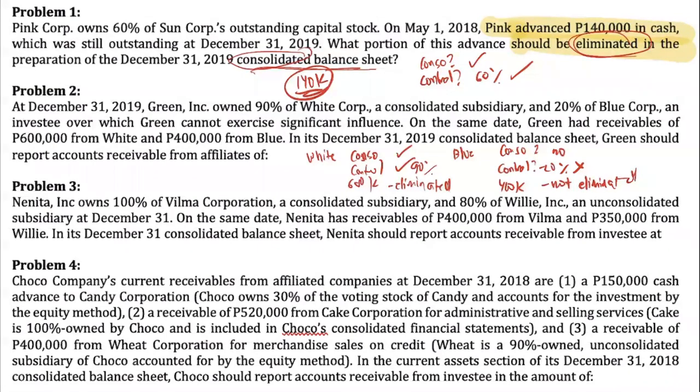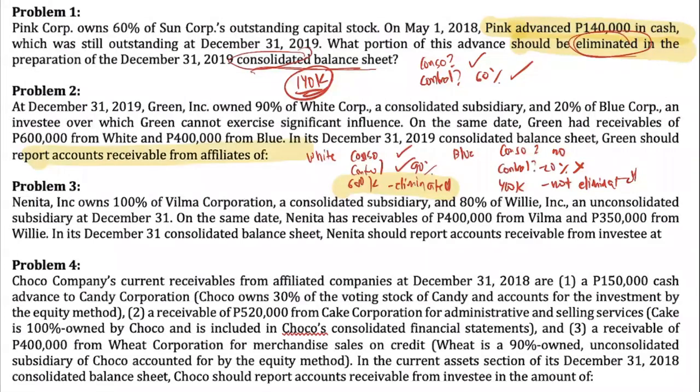Okay? So, ang kailangan nyo lang tignan sa intercompany accounts, do we have control? Next, do we prepare consolidation? So, sabi natin, kay White, may consolidation, may control, therefore, eliminated. So, the question is, in its December 31 consolidated balance sheet, Green should report accounts receivable from affiliate.